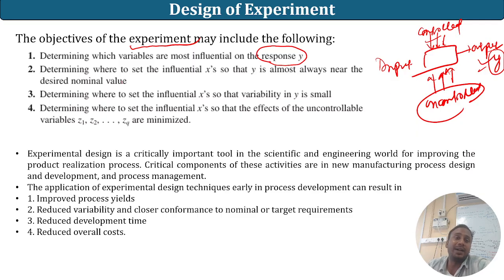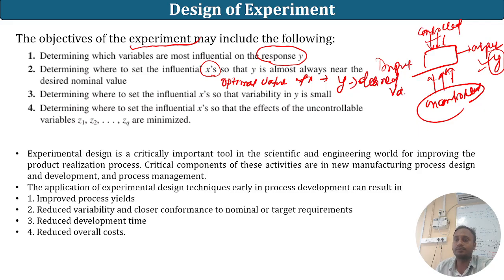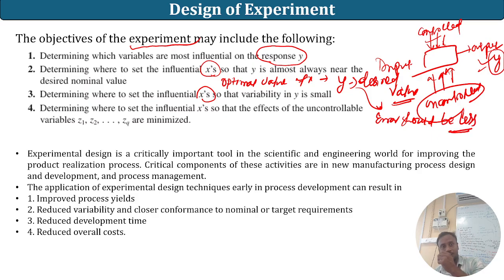Then, determining where to set the influential x is about finding the optimum value of x so that y will be the desired value, with the error as small as possible.